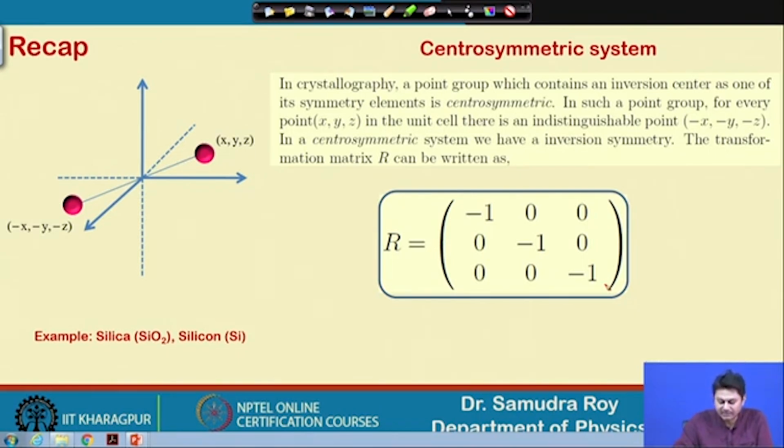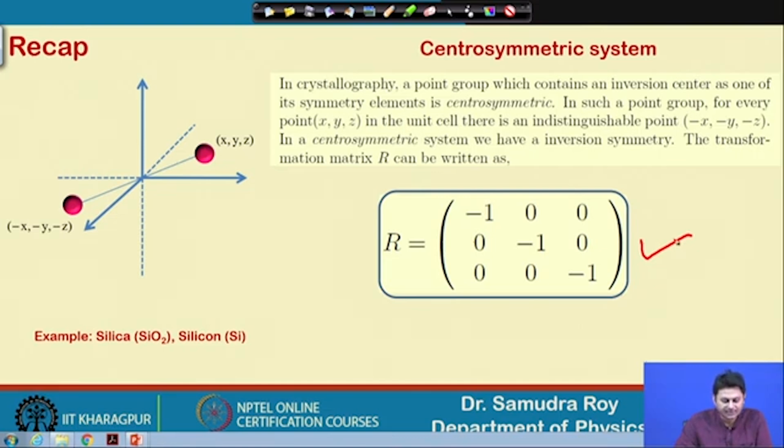If R is written in this form and I operate on x, y, z, we get minus x, minus y, minus z. This is a symmetry operation, and it is an indistinguishable point. Silica and silicon are a few examples of centrosymmetric materials.